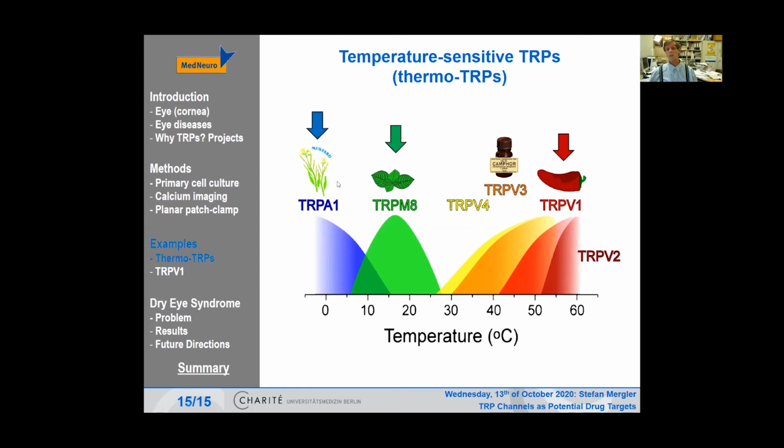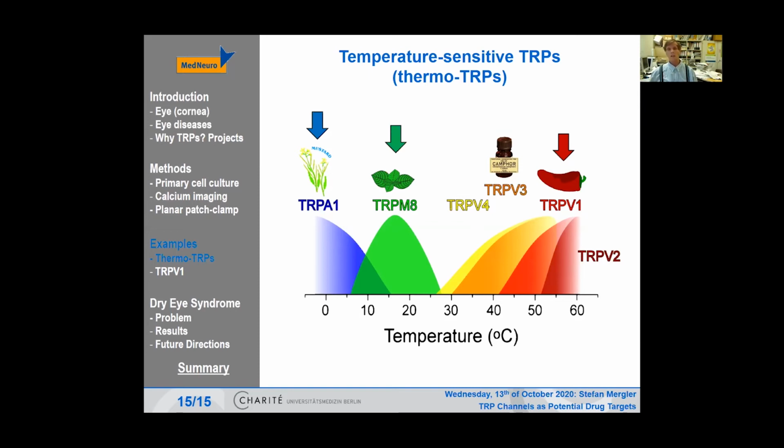And as you know, there are specific kinds of drugs or natural compounds which can activate these channels. And in the meantime, I would say in the last 5 or 10 years, a lot of companies are focusing on TRP channel research, developing new tools for investigation of properties of TRP channels.